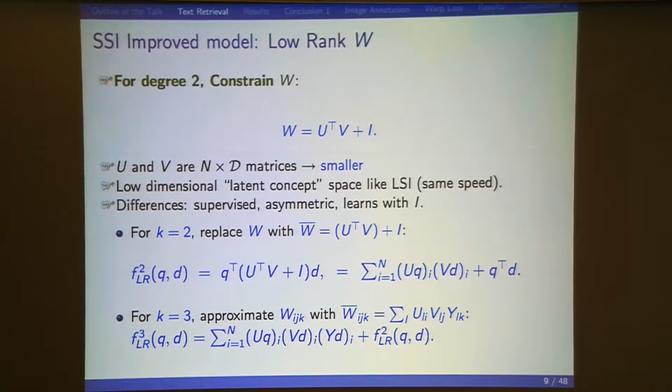We've done this a little bit different to LSI. Like I was telling you, the mixture of bag of words and LSI together is better. So we can just put that directly into our model. Because if you have W equals the identity, then for the degree 2 model, you just have the bag of words dot product again.